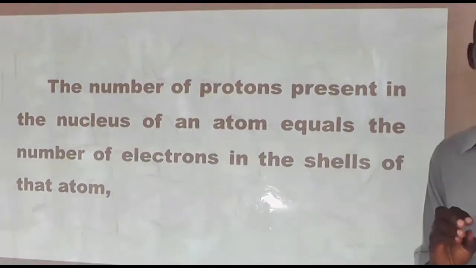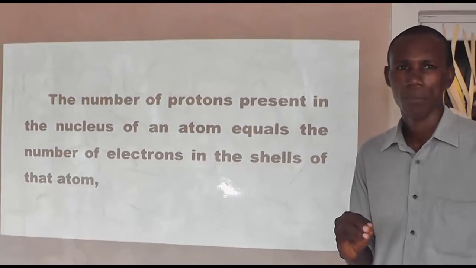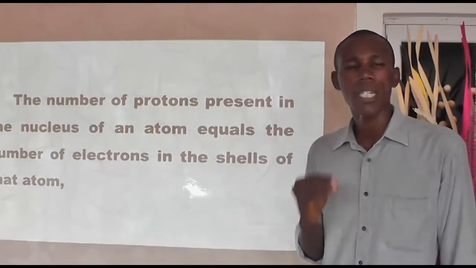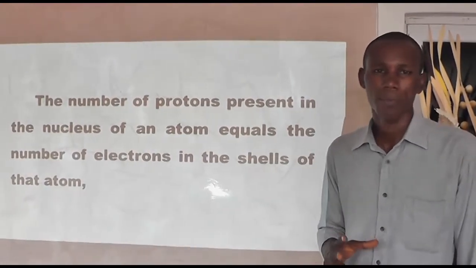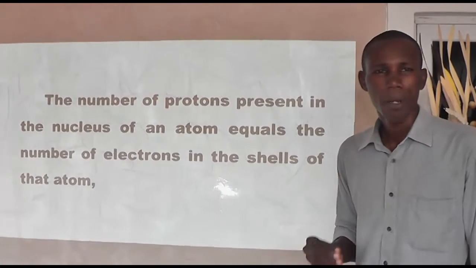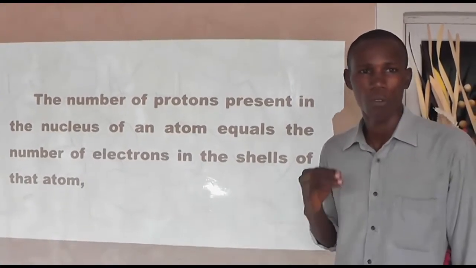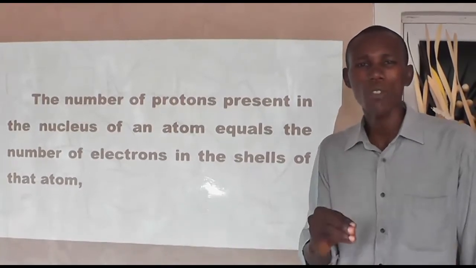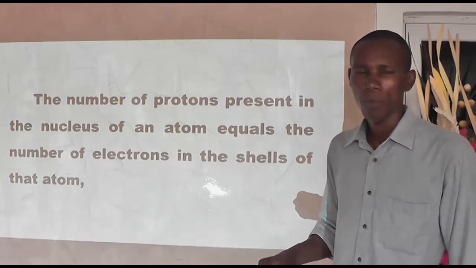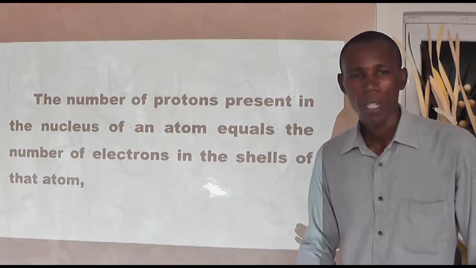For instance, if the number of protons is 5, that means it is plus 5 because proton is positively charged. If the number of electrons is also 5, but remember that an electron is negatively charged, which makes it minus 5. Minus 5 plus 5 gives us 0.